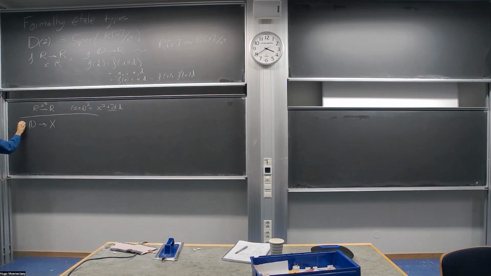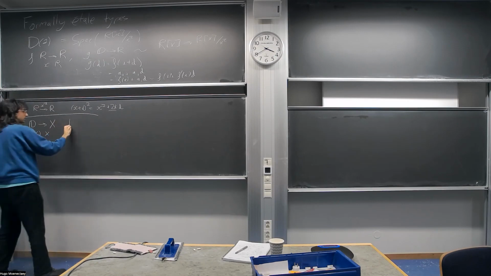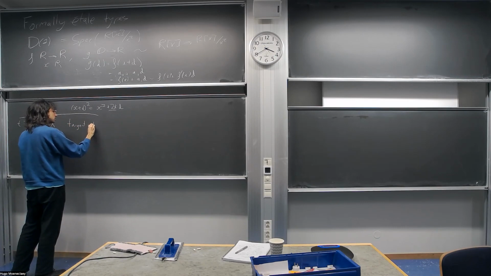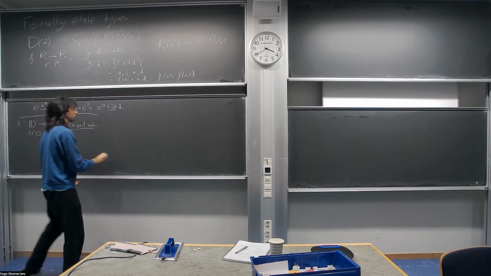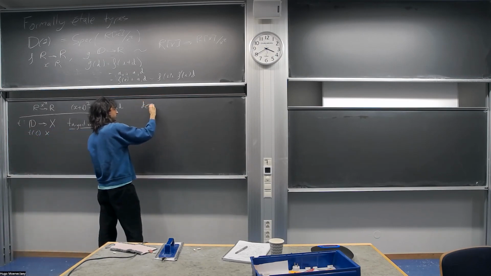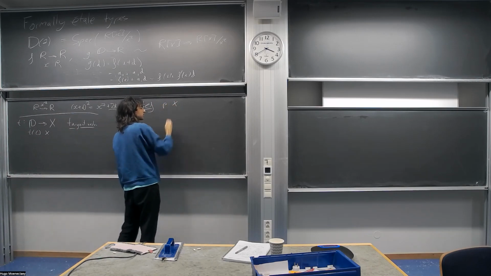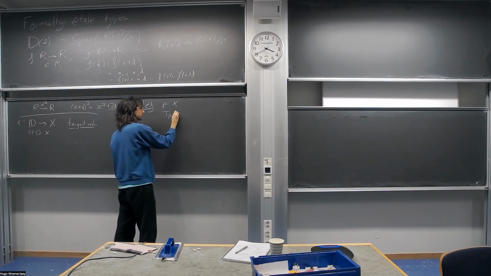So we think of it as picking out a point, and then some line in X that's very close. This is a tangent vector.